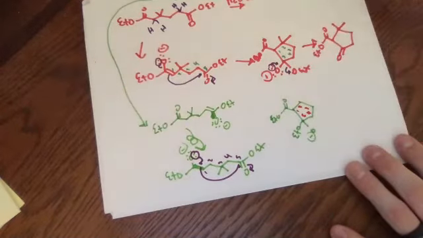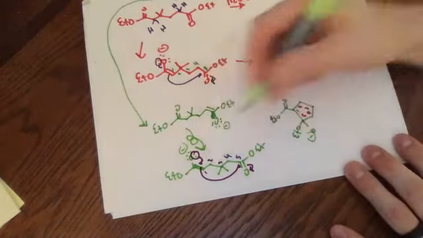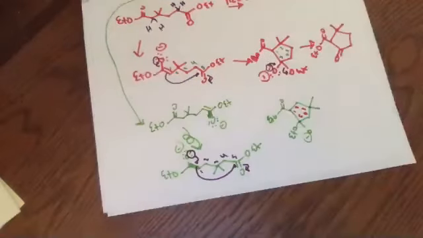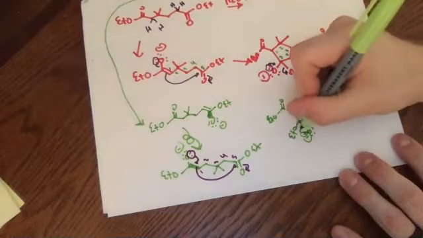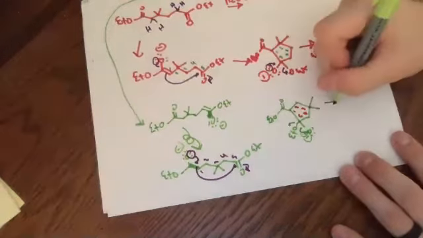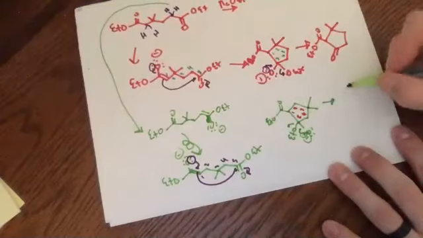The only real difference is that on carbon 3, we have those two ethyl groups. And then from here, these two electrons can come down, kick out the OEt, and we'll make our product.